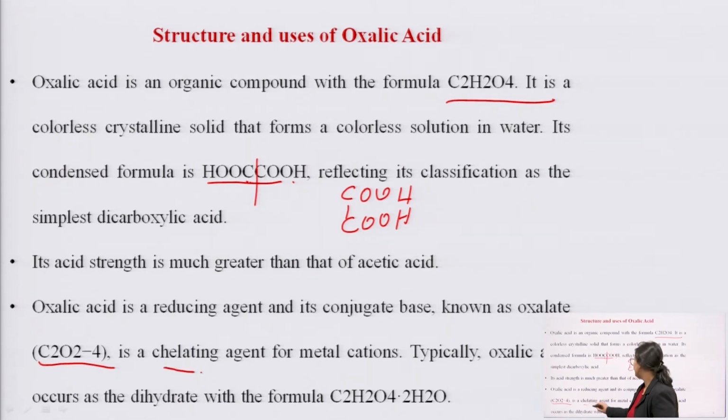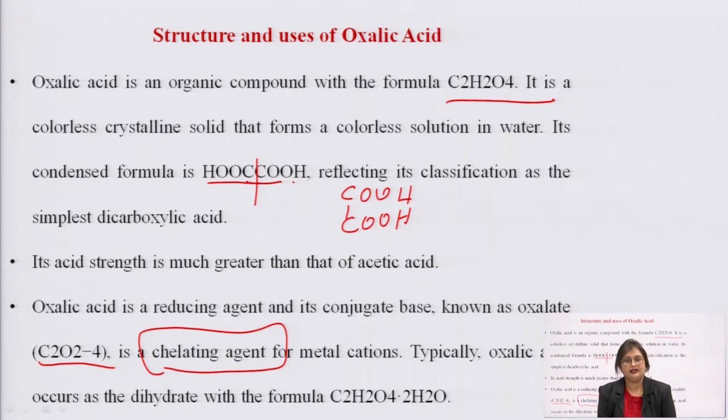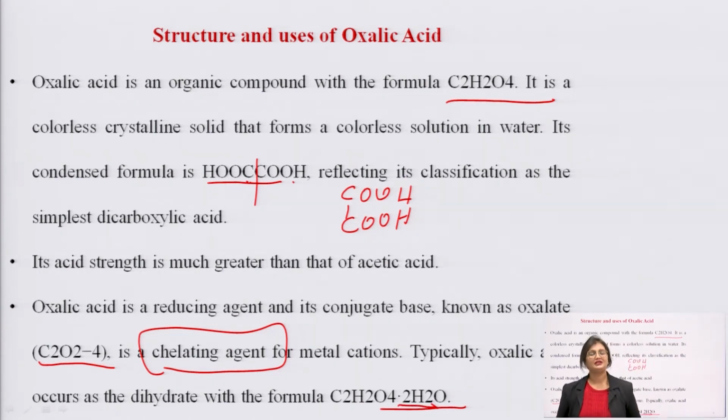Typically, oxalic acid occurs as a dihydrate with the formula C2H2O4.2H2O. So, in nature, oxalic acid usually occurs in the form of dihydrate. So, these are a few characteristics of oxalic acid.